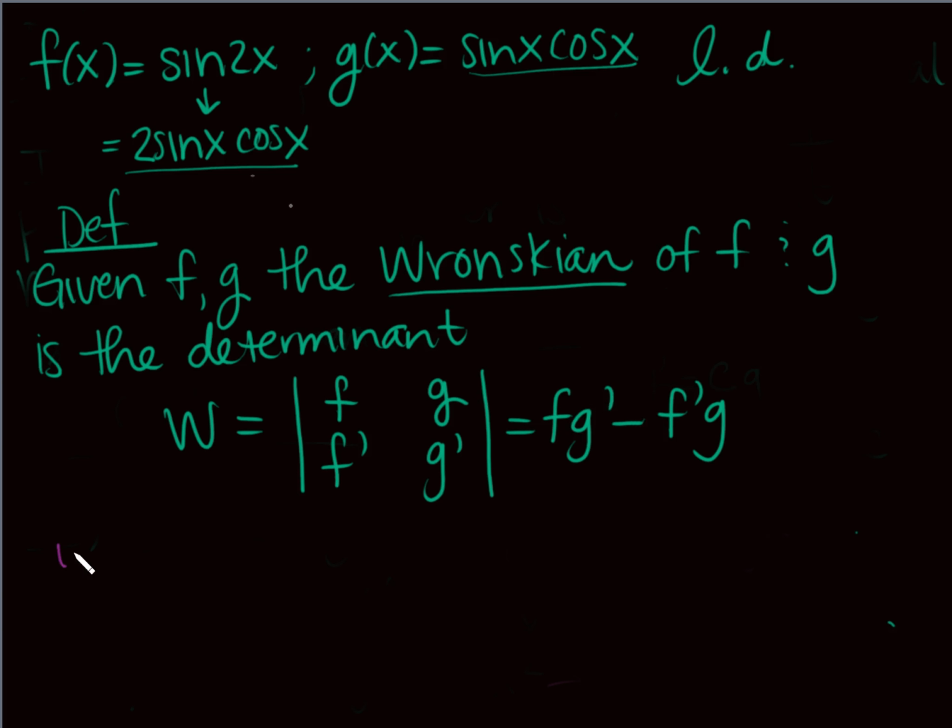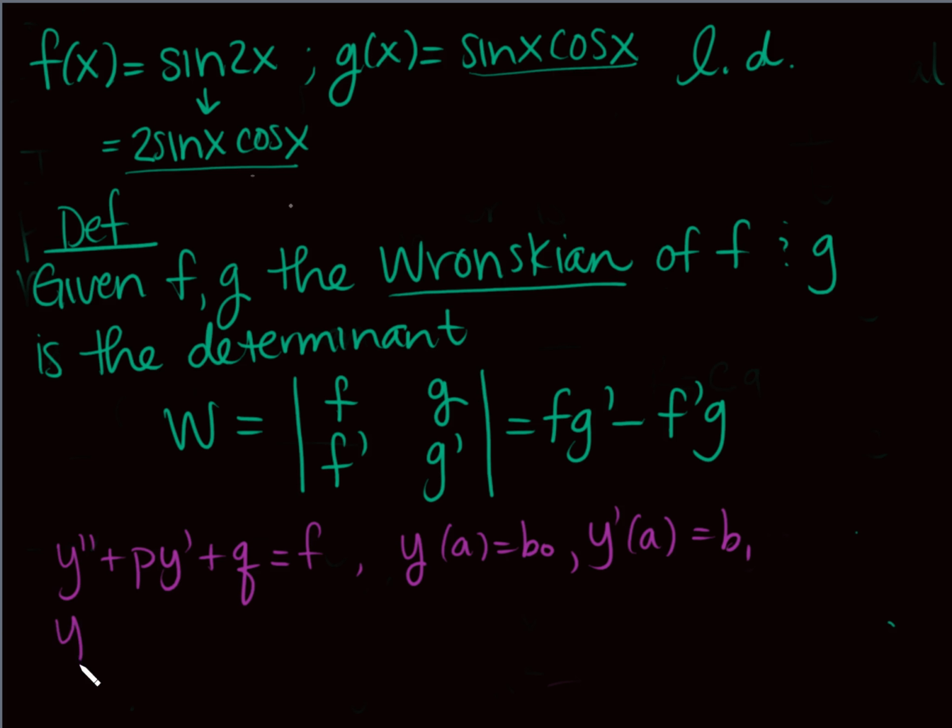Well, think about if you had y double prime plus p y prime plus q y equals, you know, whatever, some function, and I have two solutions, and I know that y of a equals b naught, and I know y prime of a equals b1. And remember, I have this y equals c1 y1 plus c2 y2. What I'm trying to figure out is, are y1 and y2 linearly independent?